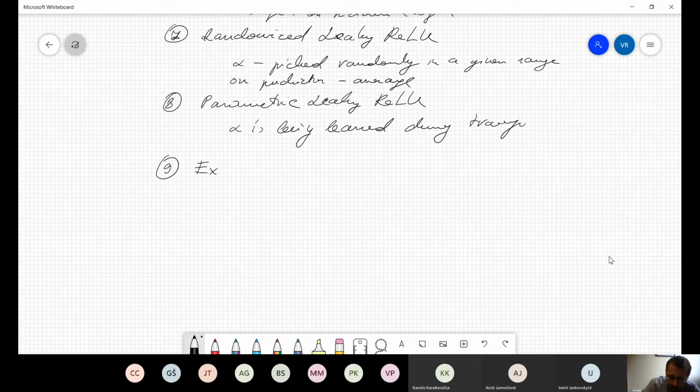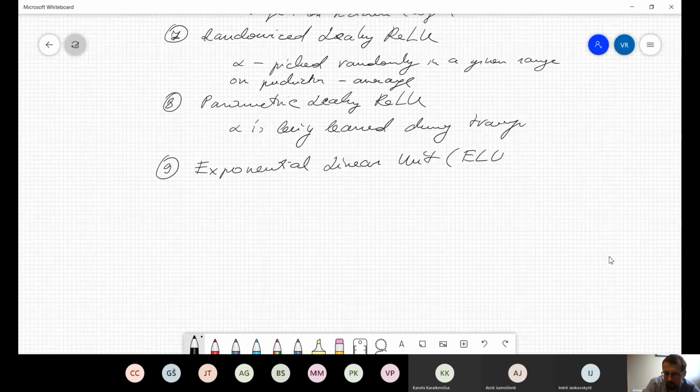The exponential linear unit, or ELU. I would not say it is the latest invention, but it is one of the inventions which is quite heavily being pushed by various researchers.